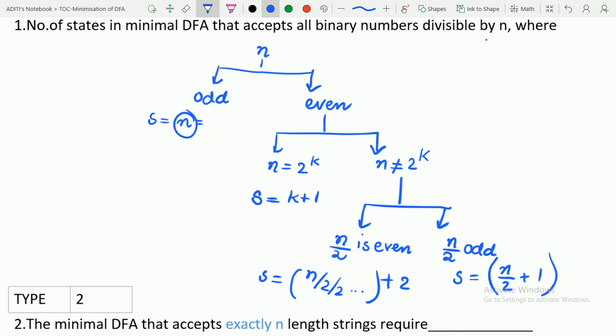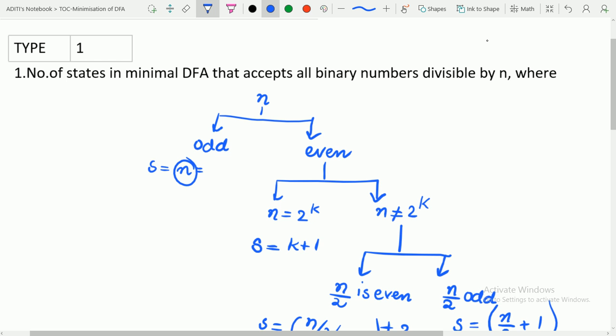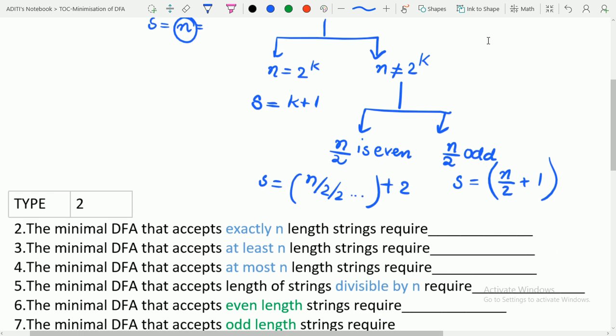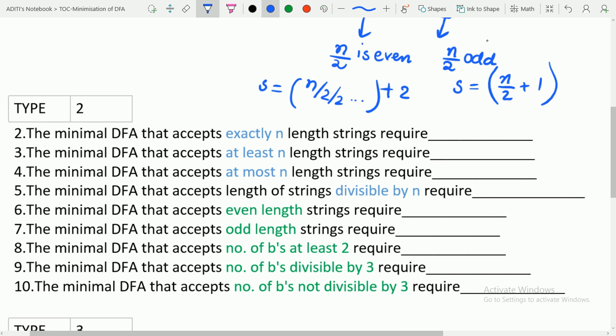Or if n by 2 is odd, then the minimal number of states is n by 2 plus 1. This is how we get the number of states in the minimal DFA that accepts all binary numbers divisible by n. n can be 1, 2, 3 and so on. We'll discuss it in the next lecture with examples, and it will be more clear then.